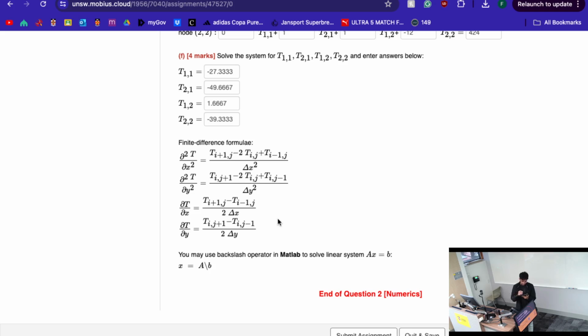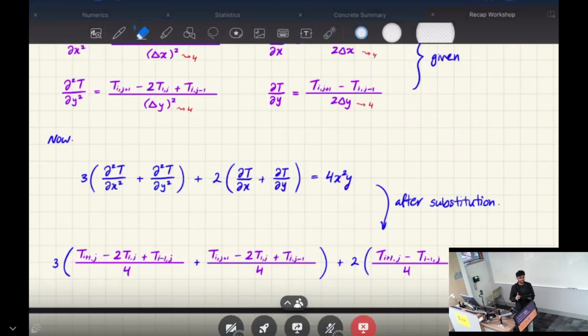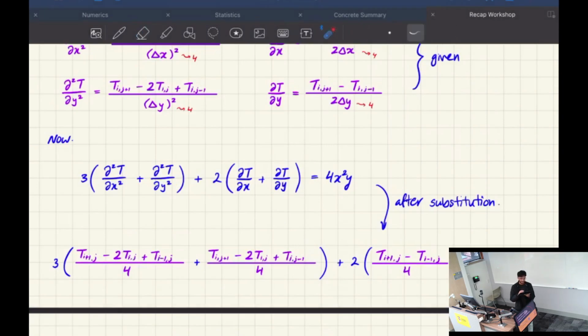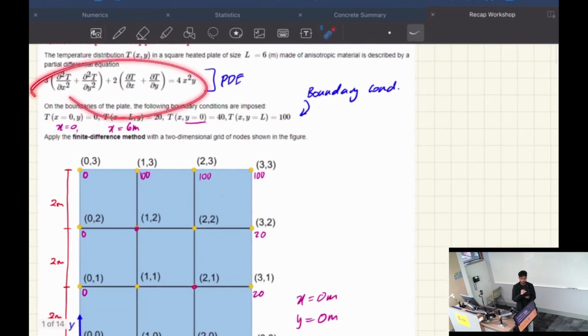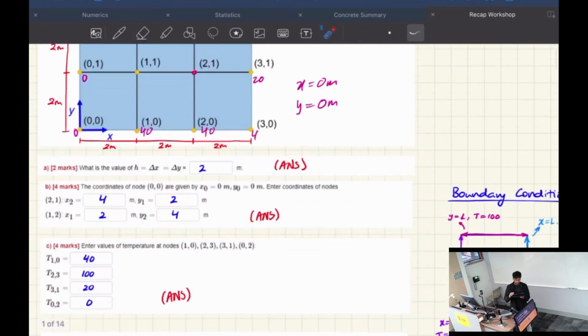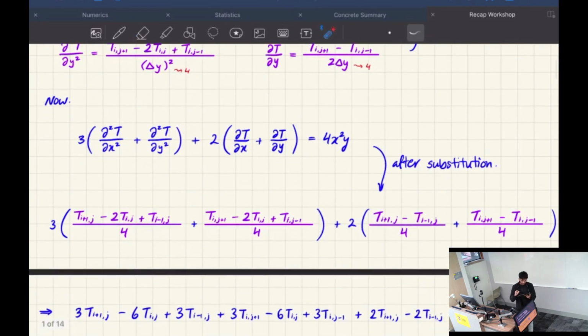I've done this for you guys. Once you sub it in, 3 times our second partial derivative, yes, we're substituting these in up here. After you sub it in, it's just a bunch of algebra, not too bad.